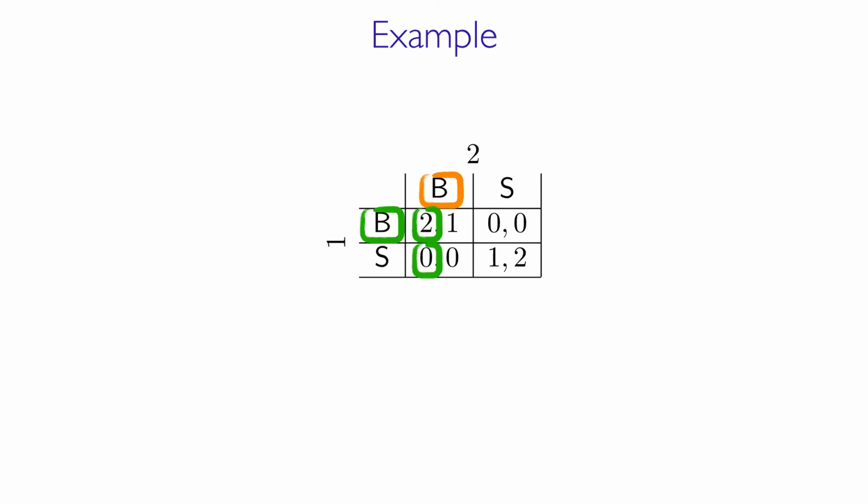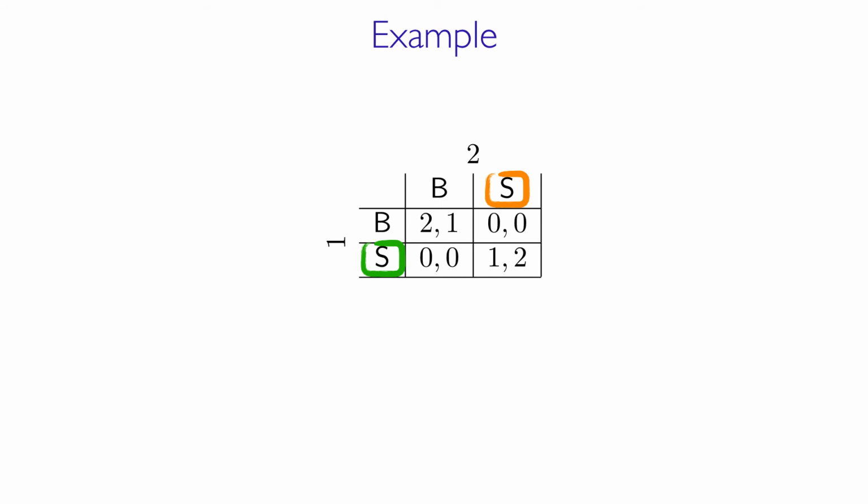Player 1 cannot improve her utility since if she plays S, she receives a utility of 0, that is strictly smaller than 2, that is the utility she receives by playing B. Player 2 cannot improve her utility since if she plays S, she receives a utility of 0, that is strictly smaller than 1, that is the utility she receives by playing B.